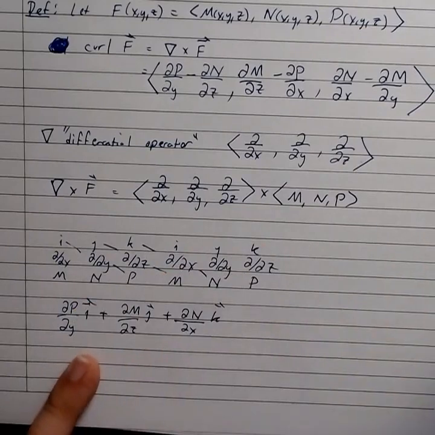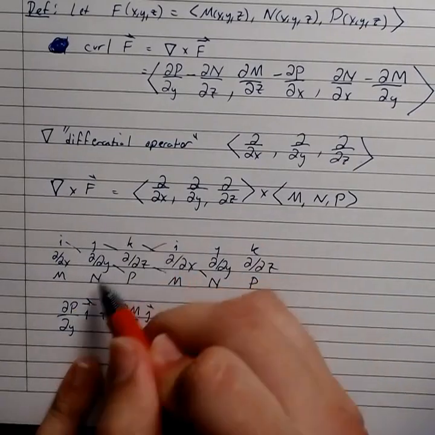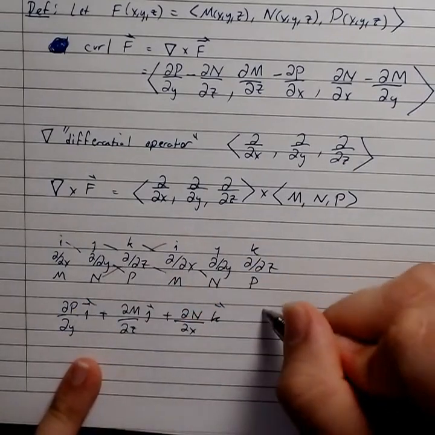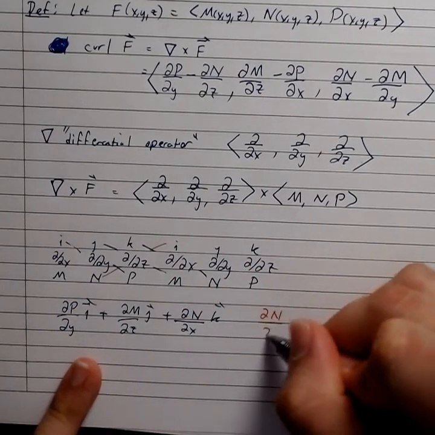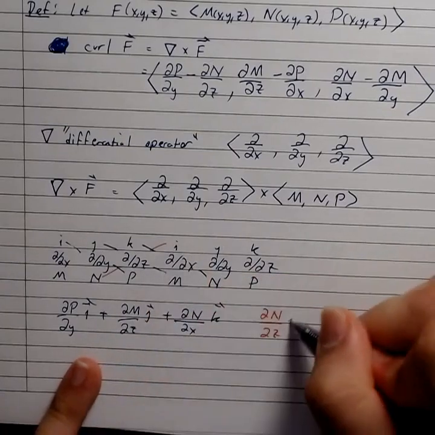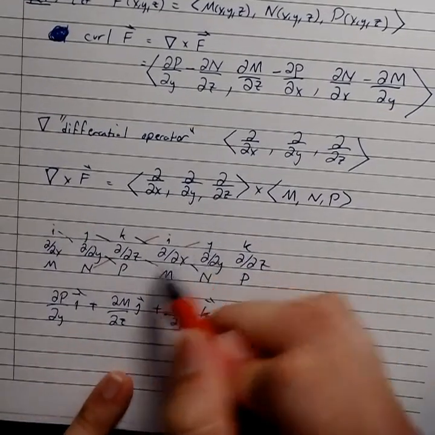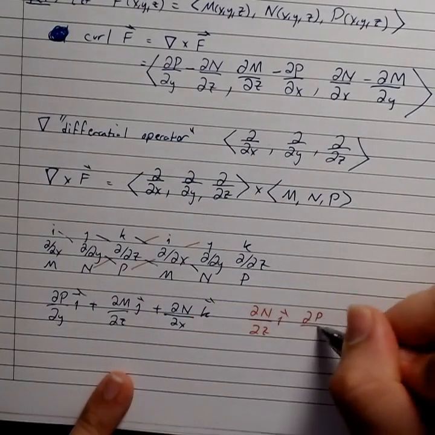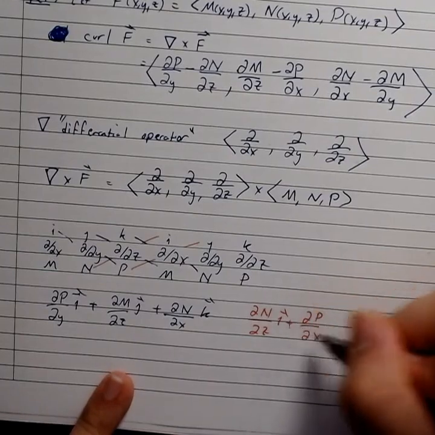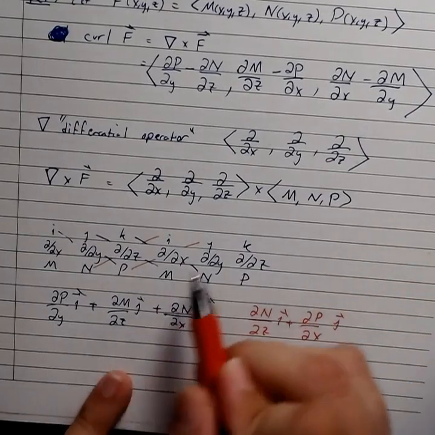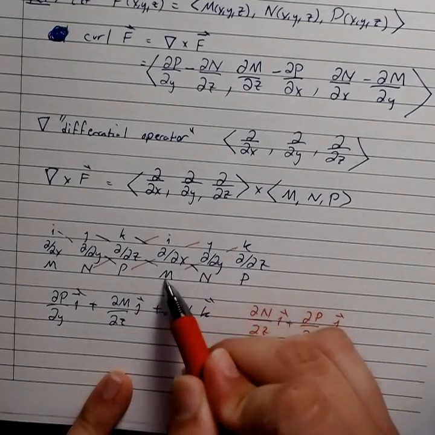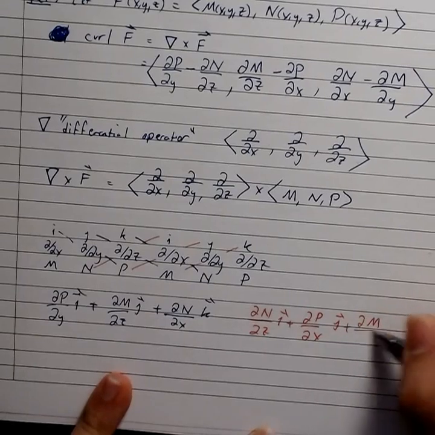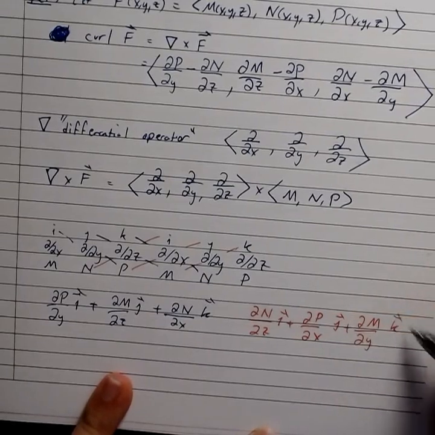Okay? And now we're going to go backwards. We're going to go this way. And that's going to give us the partial of n with respect to z, i. And then this one's going to be the partial of p with respect to x, j. And then partial of m with respect to y, k.